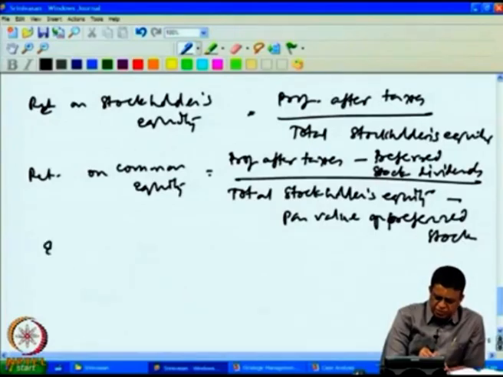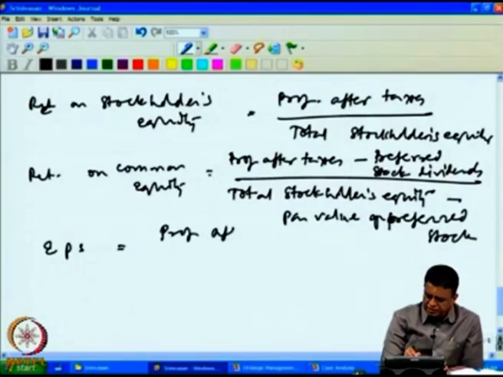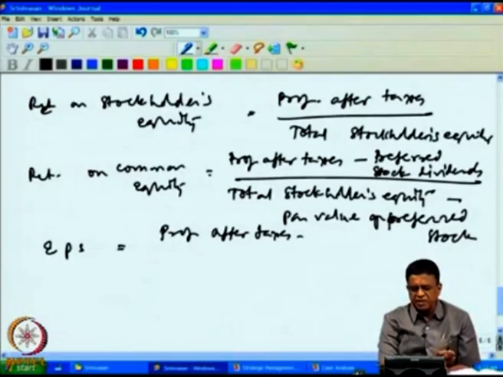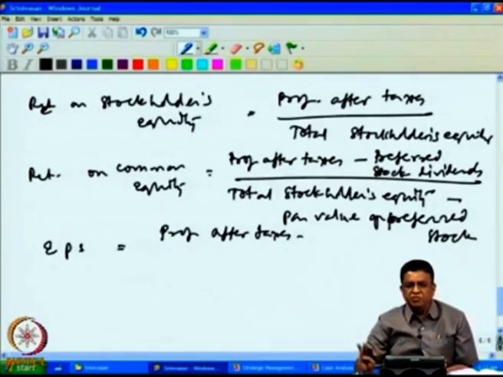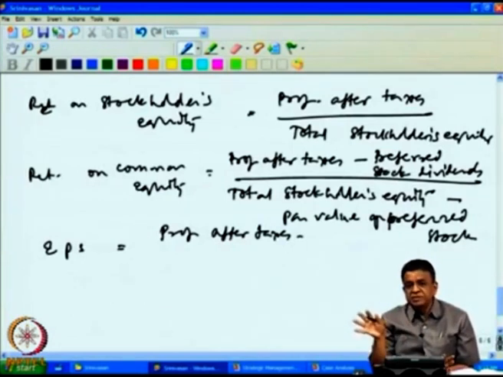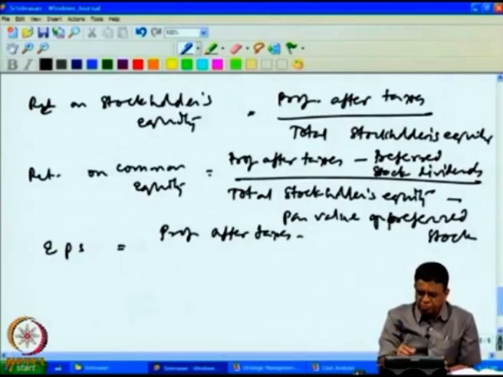Then the last one which we are interested in is earnings per share. The earnings per share is calculated from profit after taxes. Note that in most of these calculations we are looking at profit after taxes. Why are we looking at after taxes? So that there is no further encumbrance on this profit figure, after these taxes are paid.